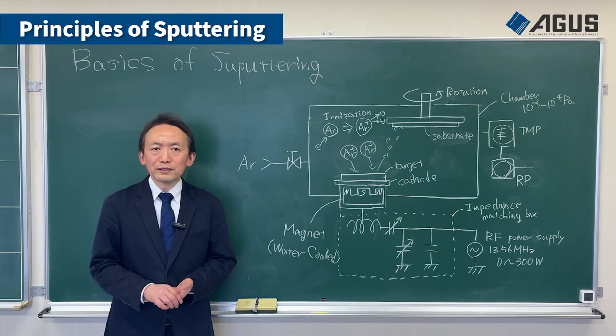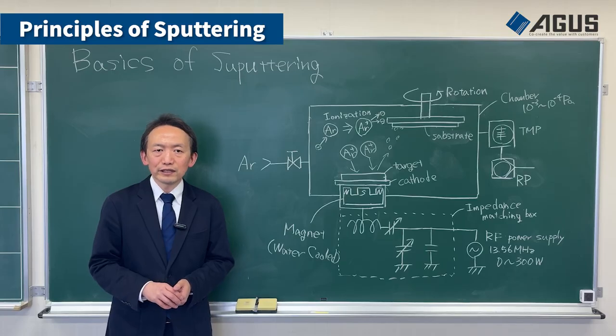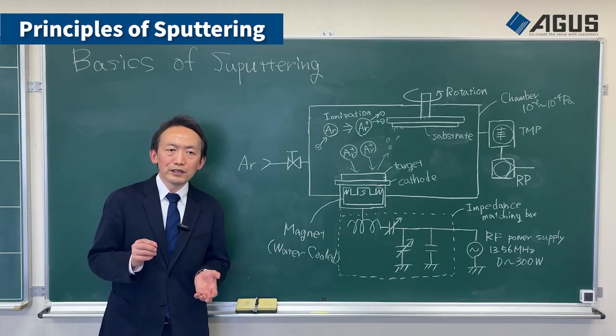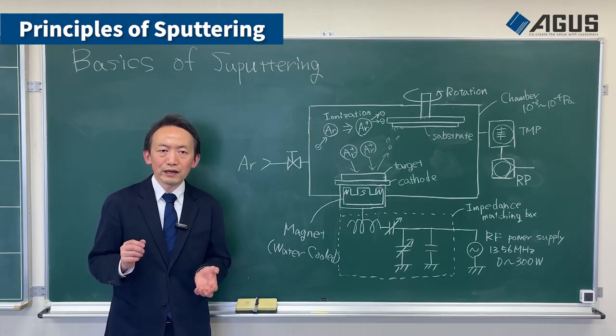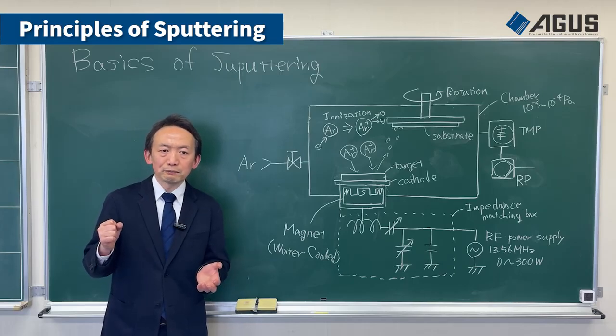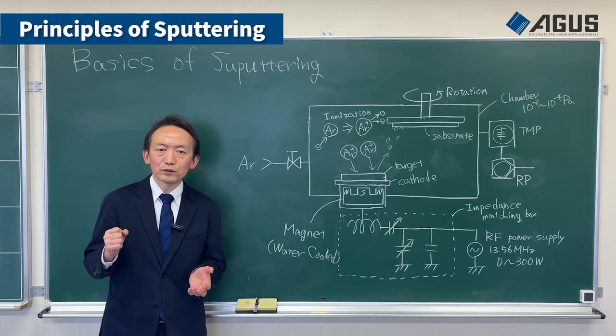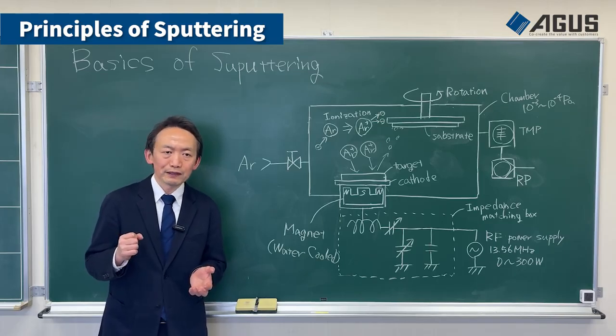Let's start with the principles of sputtering deposition. Sputtering uses electromagnetic force to generate plasma around our target material. Positive ions in the plasma collide with the target. This knocks out particles which then deposit onto a substrate to form a thin film.